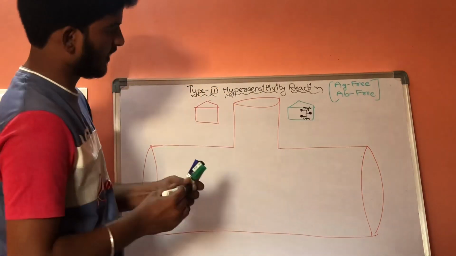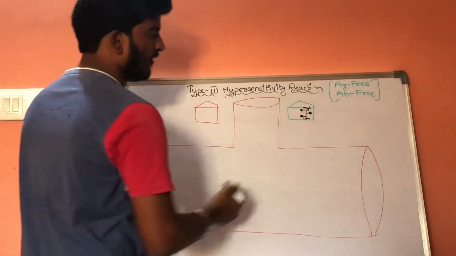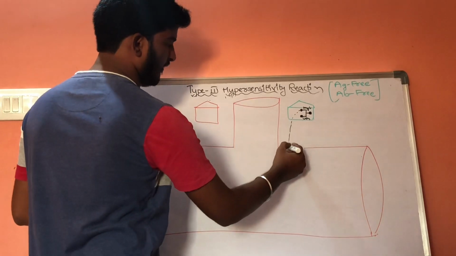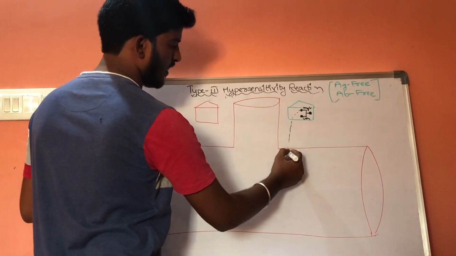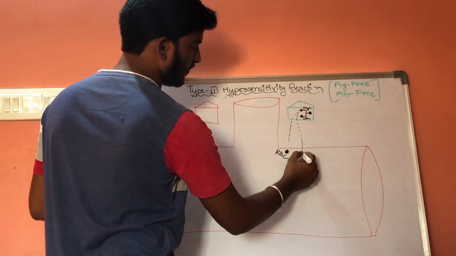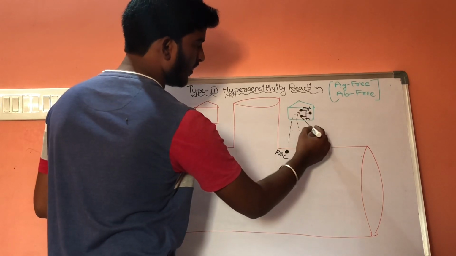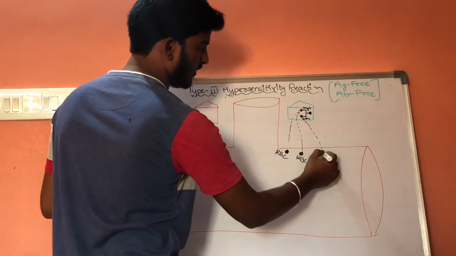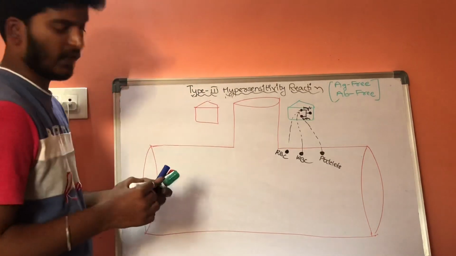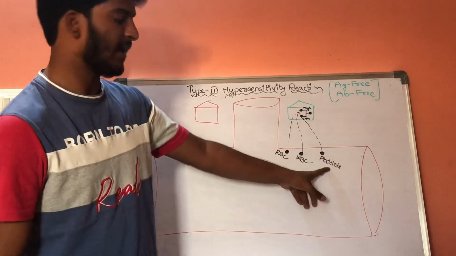Now, these myeloid and lymphoid forms of cells will get further classified. The myeloid cells will result in the formation of RBCs, WBCs and platelets.